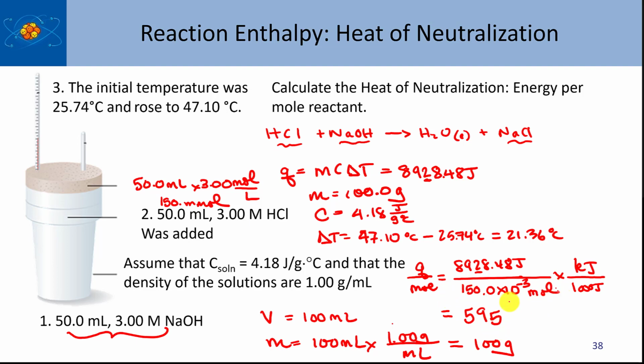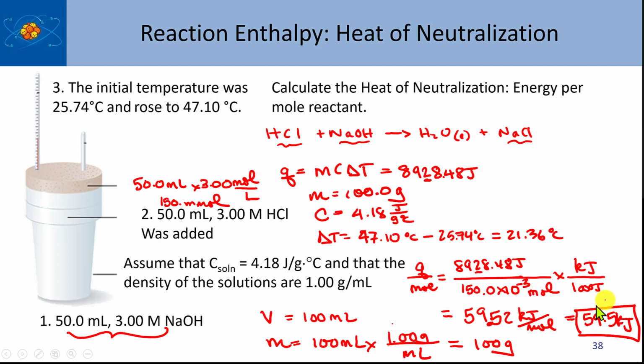I had 3, right? So 59.52 kilojoules per mole. So that's going to be 59.5 kilojoules. Like that. Okay? So that's my energy per mole that the water absorbed.